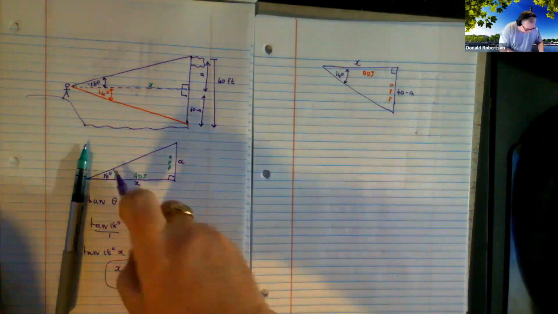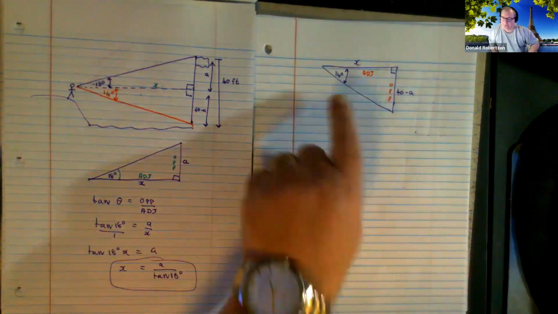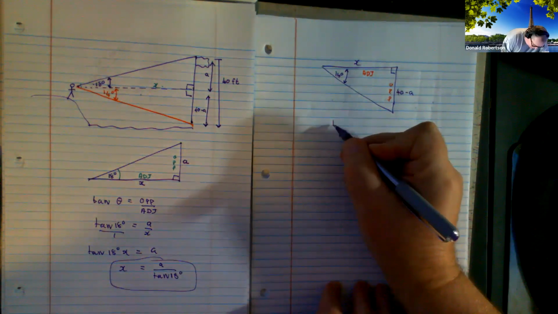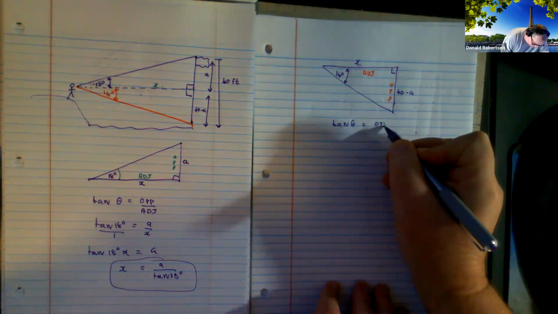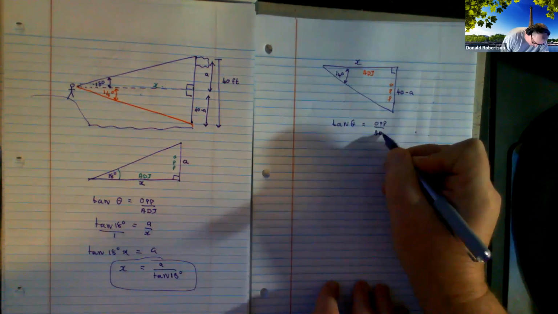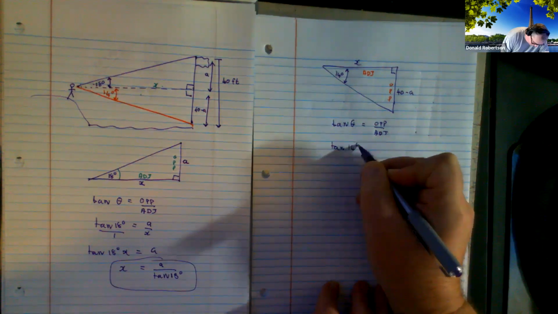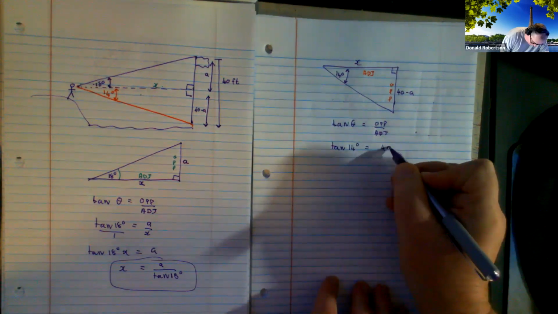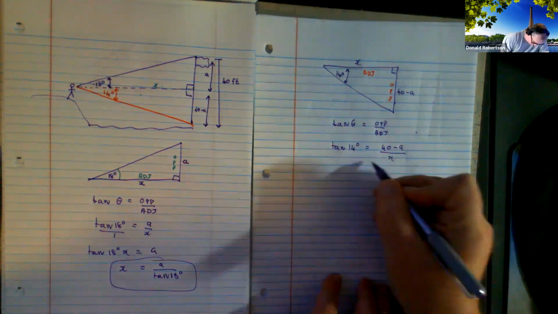What I'm now going to do is find out what x is in terms of A. So the tangent of theta is the opposite over the adjacent. The tan of 14 degrees is 40 take away A all over x.